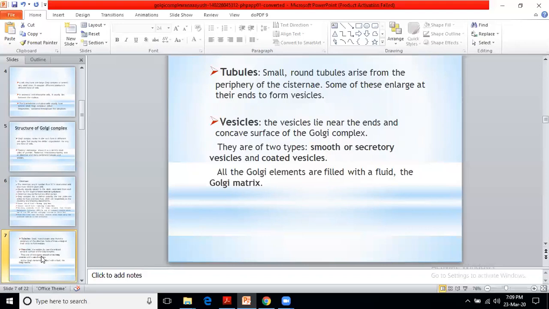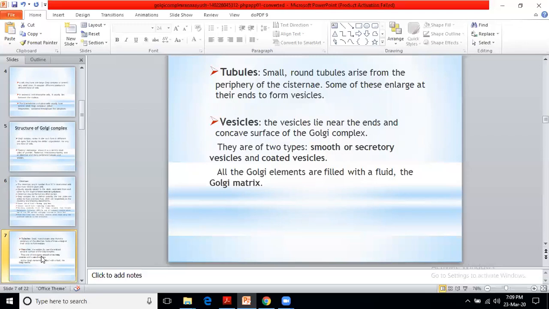So first one, the transitional vesicle. Transitional vesicles are basically small membrane bound vesicles which are formed as blebs. Blebs means bubbles, which are formed from the transitional endoplasmic reticulum to migrate and convert to the cis phase of Golgi.